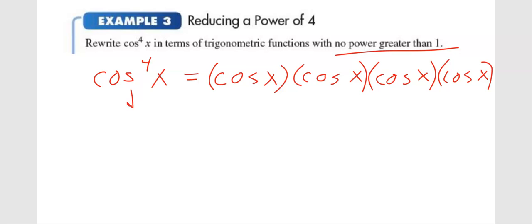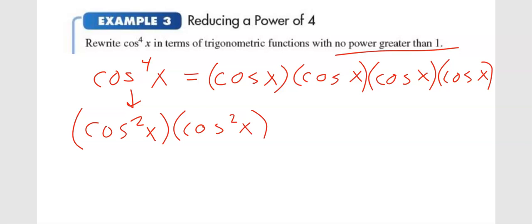All right. What I want to see is cosine squared times cosine squared. And what will you be substituting in for each of these?